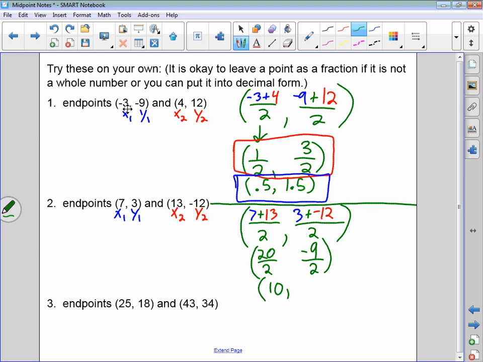I could leave that as negative 9 over 2, or I can turn it into negative 4 and a half.